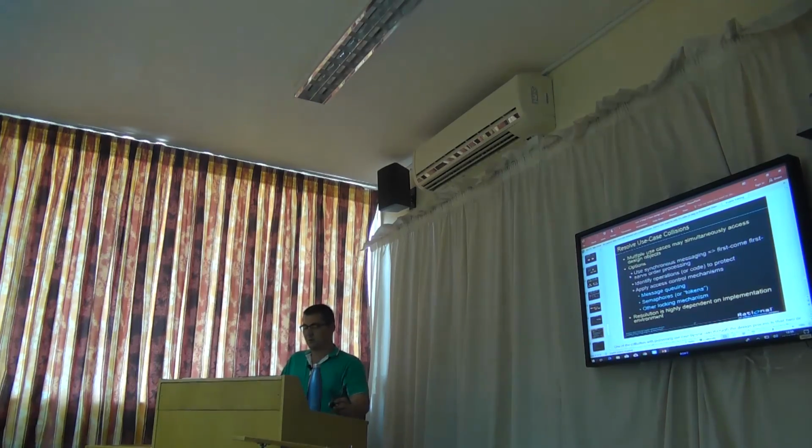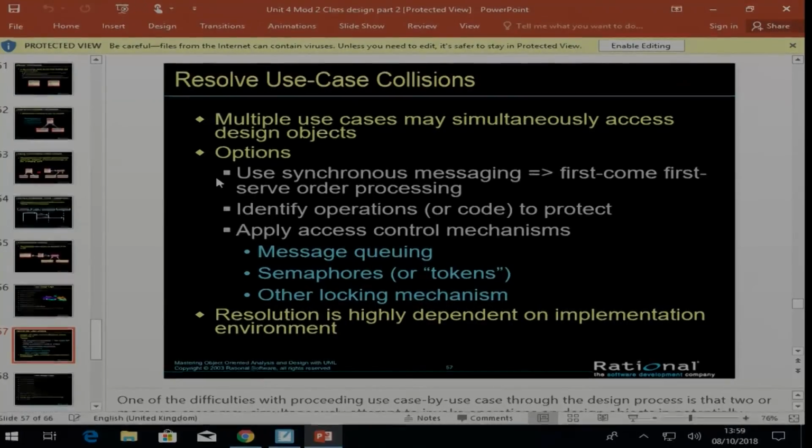So options which we might have: we might work with synchronous messaging, first come first served, compared to asynchronous messaging. We might need to identify the operations or code to protect, so that you only run first this section of code, then that section of code. So there might be some access control mechanisms which you need to apply, some message queuing, or even tokens which can be used. Thereby using some form of locking mechanism where you lock it out and you use it.